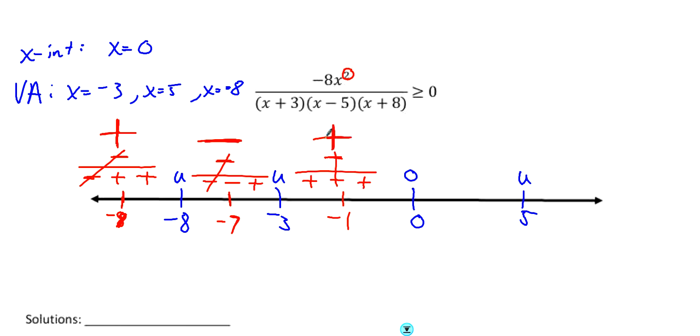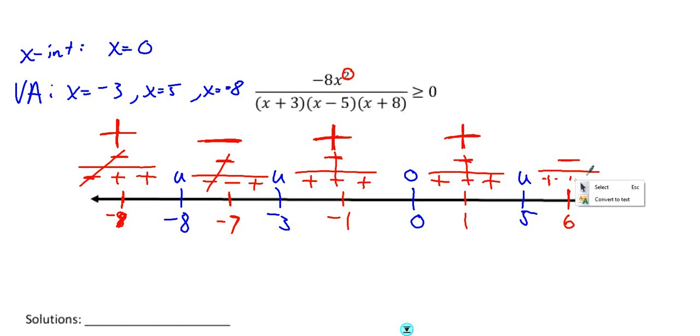So this nets positive. Then 1. So that's positive there. And then pick 6. So negative, positive, positive, positive. So this is negative there.